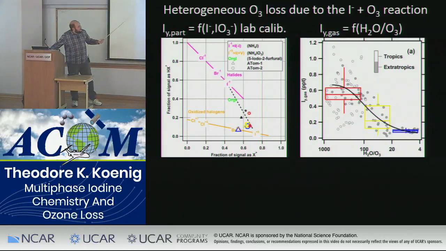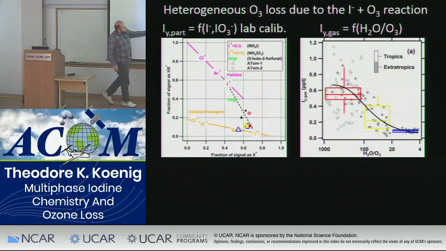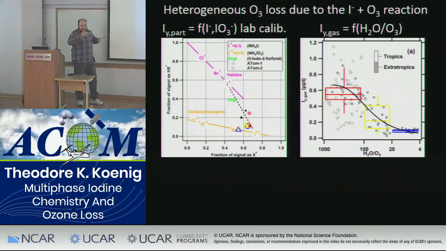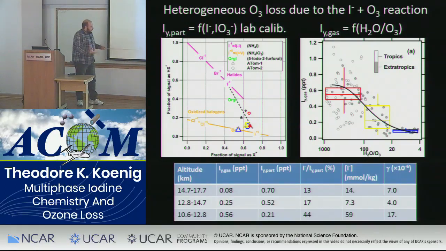If I assume that all of this gaseous IY that disappears becomes particulate iodine, taking the fact that it's increasing in the particles and decreasing in the gas, then I can try to take a larger picture of what chemistry might be happening and try to connect these two campaigns.